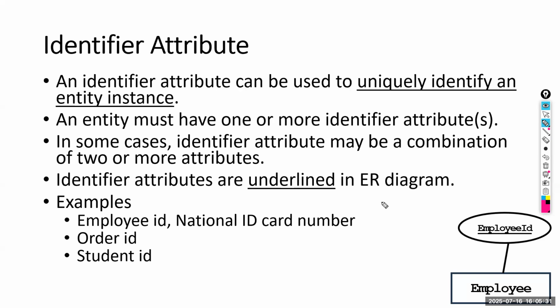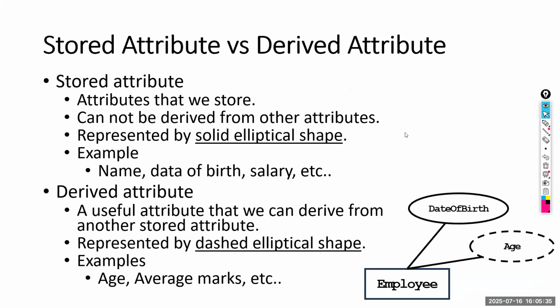Then we moved on to stored attributes versus derived attributes. Stored attributes are ones we usually store, like name, contact number, and so on. A derived attribute we can derive from one or more of our stored attributes. As long as you have the date of birth, you can derive the age.